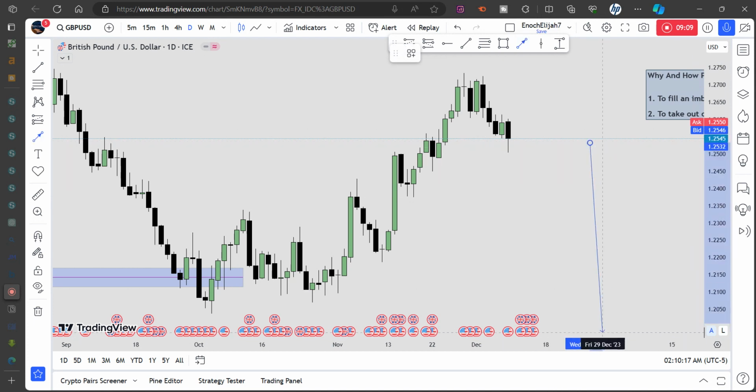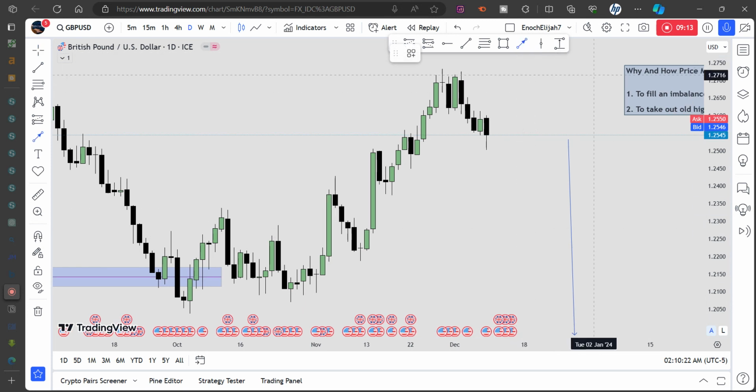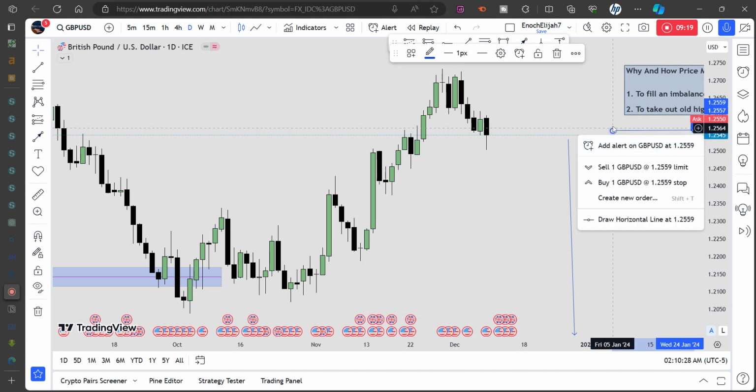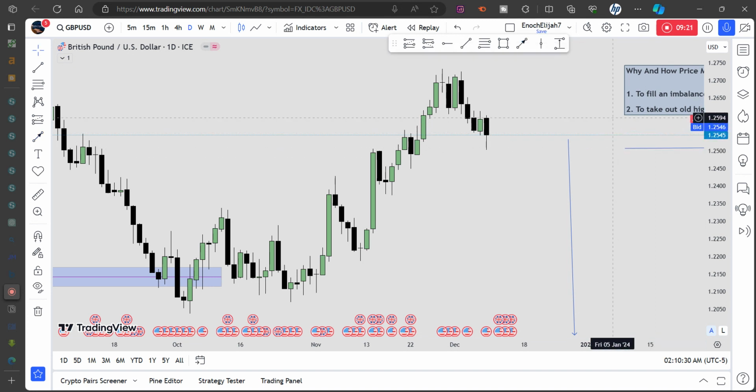Below here, you have time, and to your right side, you have price. So at the vertical level, you have price, and at the bottom level, you have what we call time.